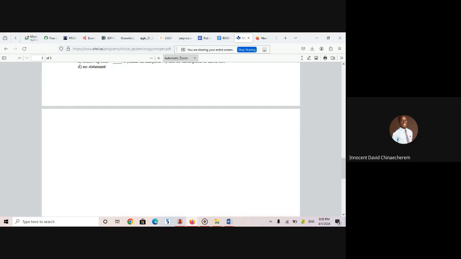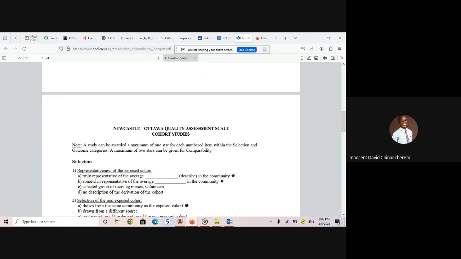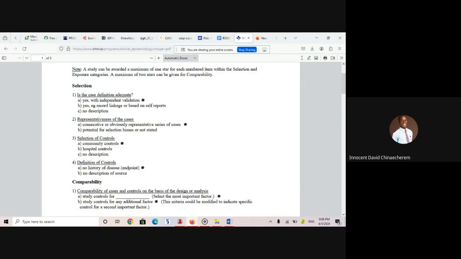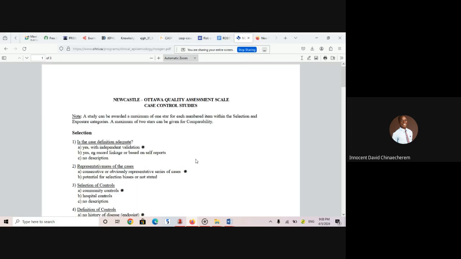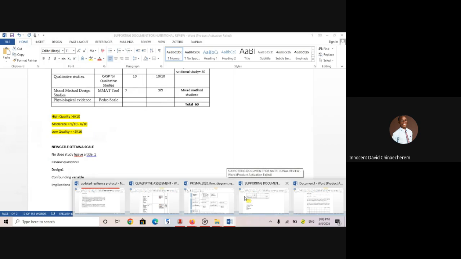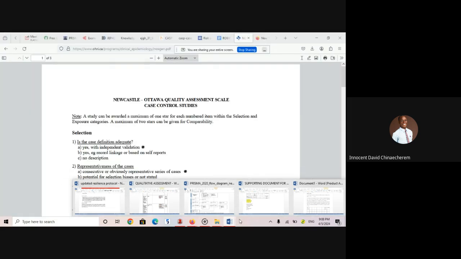All right. So remember that you can fit it in depending on your questions. For example, it is mostly appropriate for cohort studies, the Newcastle-Ottawa scale.